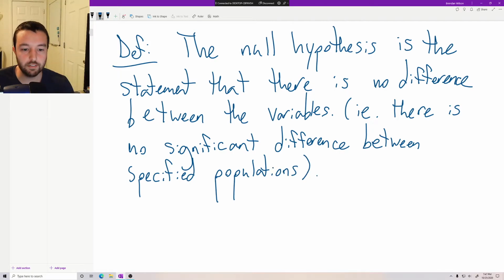When it says no significant difference, that just means no statistically significant difference. We'll elaborate on that more as we go, but essentially, if we say that there's no statistically significant difference, that means that any observed difference we expect to be due to an error.